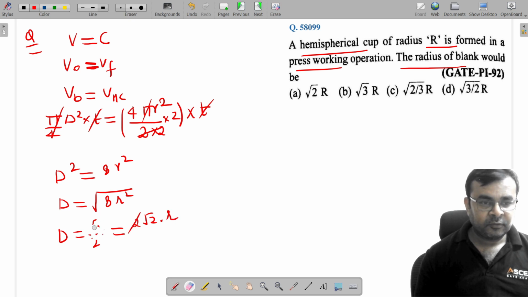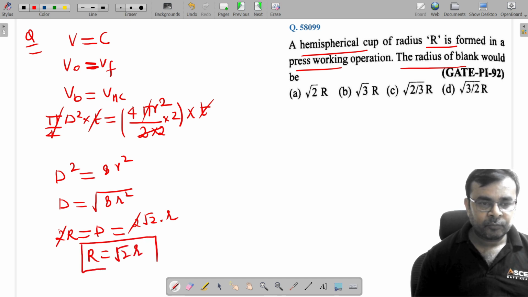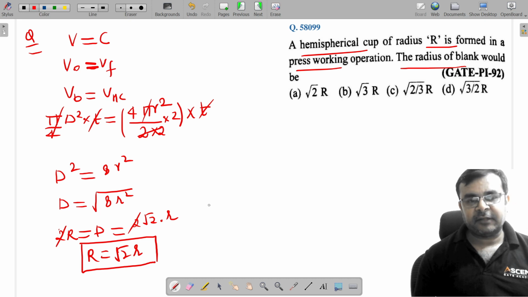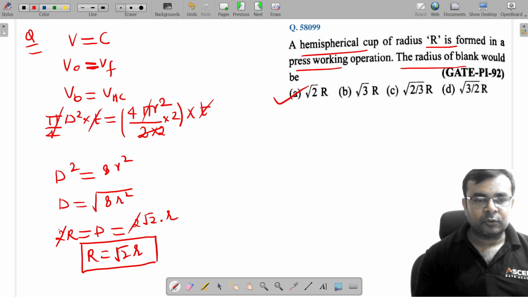So why am I writing this? This is D, and D is nothing but 2 times of R. So this 2 is cancelled out with this. R is nothing but root 2 times of r. So this is very simple question. You just equate the volume. Yes or no? So the correct answer is root 2 r.